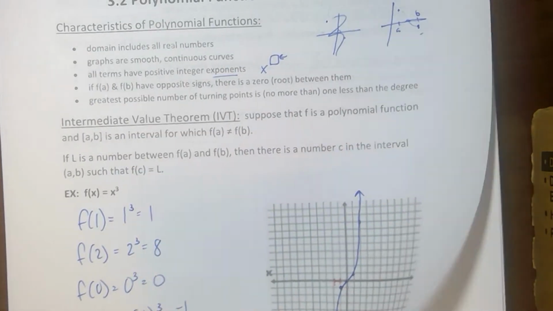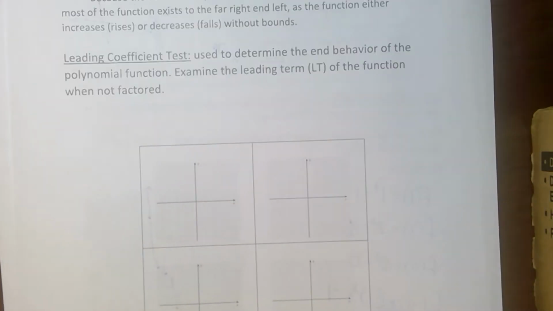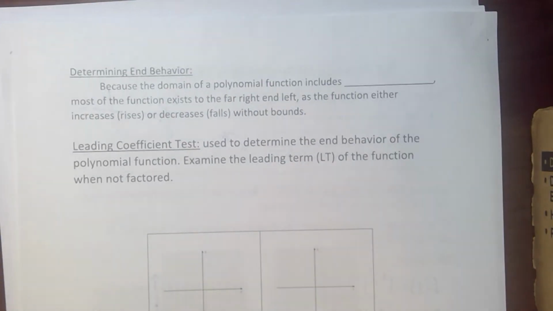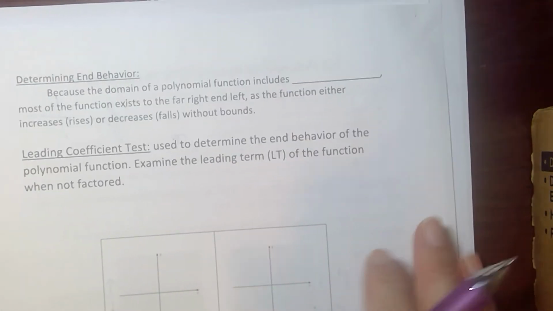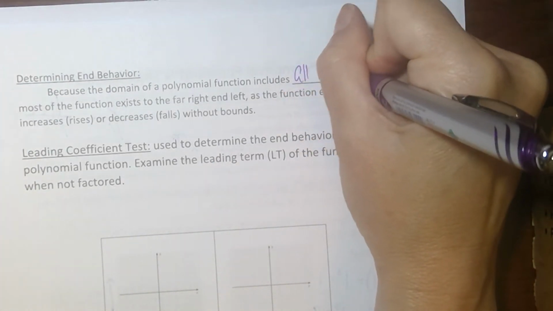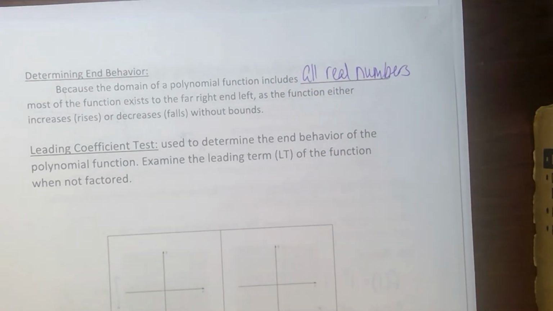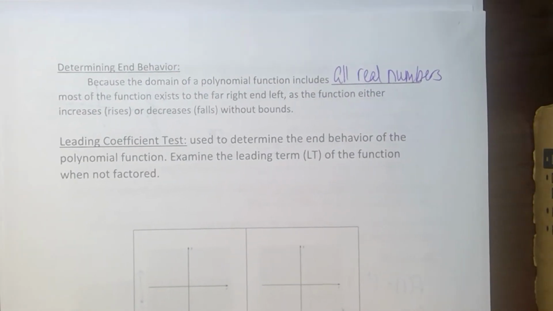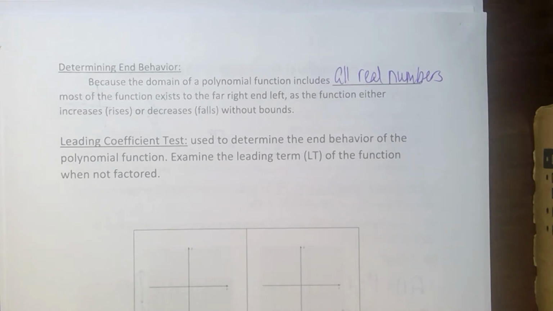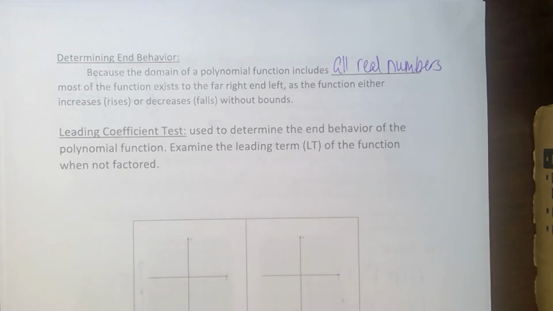All right, let's look at the next page and talk about end behavior. Because the domain of a polynomial function includes all real numbers, from negative infinity to positive infinity, most of the function exists to the far right and far left as the function either rises or falls, increases or decreases without bounds.